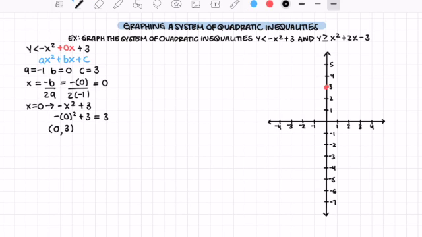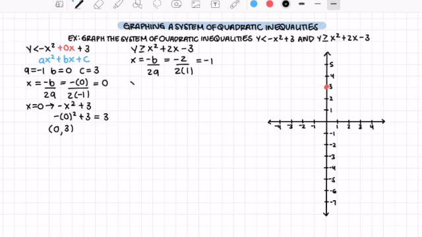Next thing I'm going to do is find the vertex of the new equation, which is y being greater than or equal to x squared plus 2x minus 3. So from here, for x equaling negative b over 2a, I get negative 2 over 2 times 1, that equals negative 1.